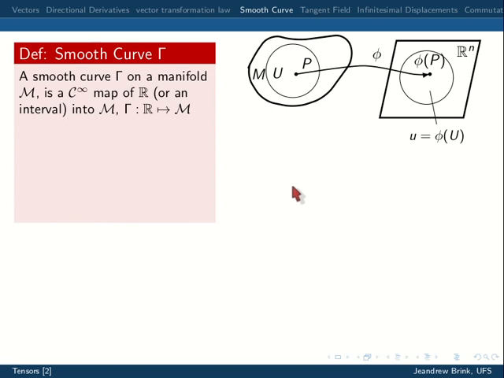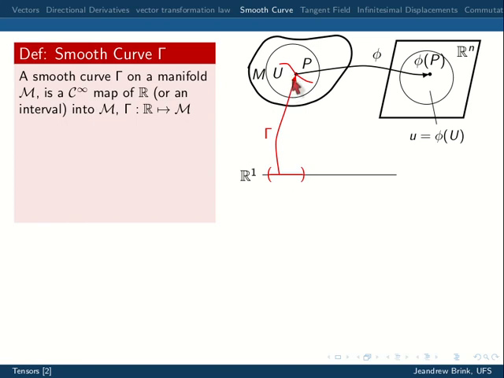Now we want to define a curve that maps from the reals to the manifold. So we simply have our function on R1, the real line, and we define our curve to be mapping from the real line to a point in your manifold.